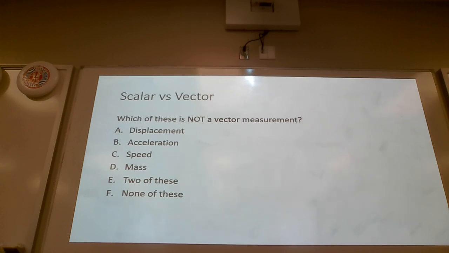Speed and mass do not have direction. Displacement, acceleration, and velocity are the three vectors you know of at this moment in time. More are coming.